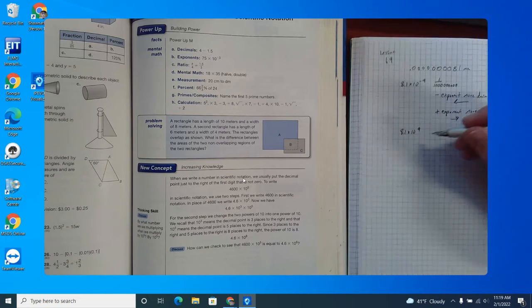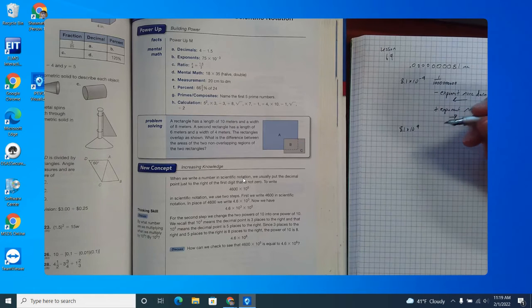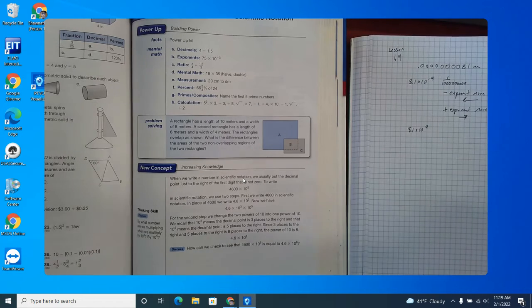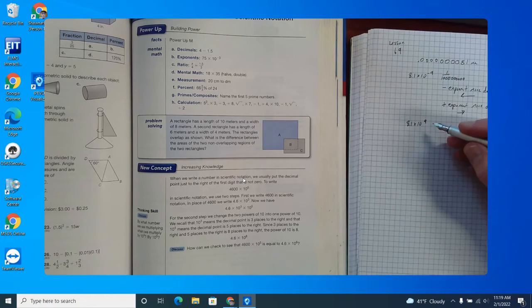And the reason for that is if it ends with a 9, that helps us know how big this total number is, as opposed to, I think, 810 million.